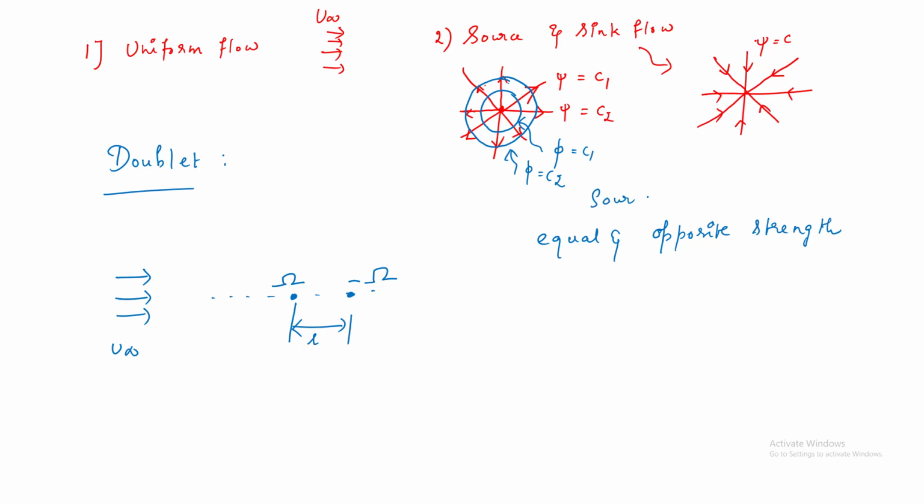A source and sink pair having equal and opposite strengths separated by a finite length of L. This is called a doublet. So we have a source and sink pair which will have equal strength but in opposite direction.